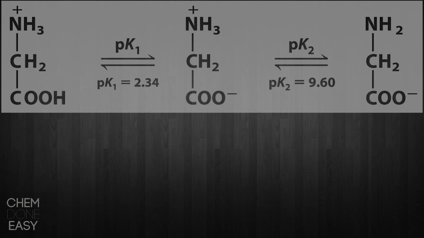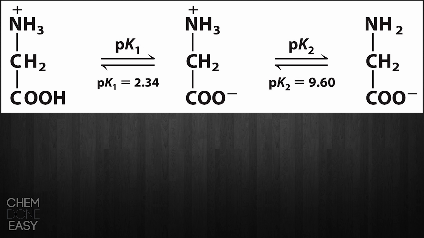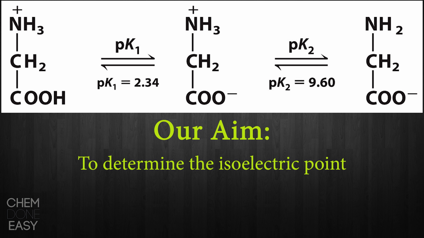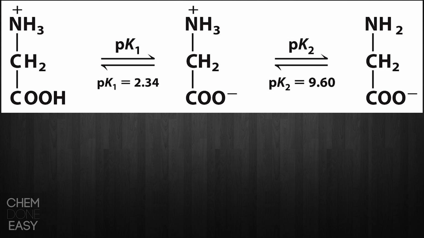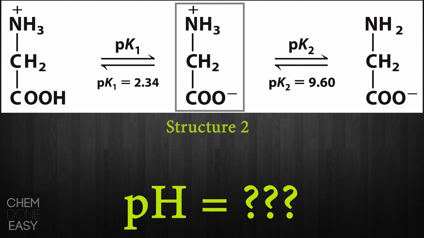So let us come back now to our glycine molecule. Our aim here is to determine the isoelectric point, or the pH at which our amino acid is neutral in charge. So we want to calculate at what pH our second structure will be predominant. Here is where we use our pKa values.